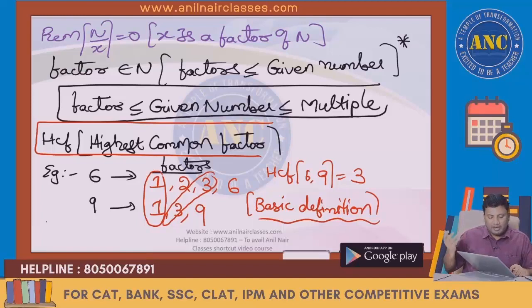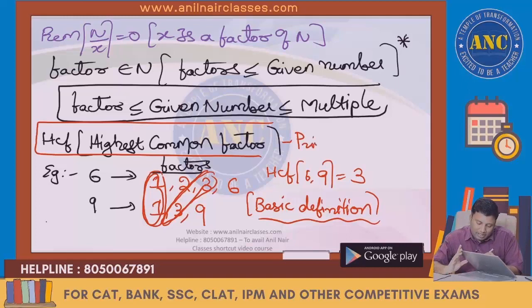For 9, 1 will divide, 3 will divide, 9 will divide. 1 is a common factor, 3 is a common factor. So HCF of 6, 9 is 3. This is a primitive way of understanding HCF.